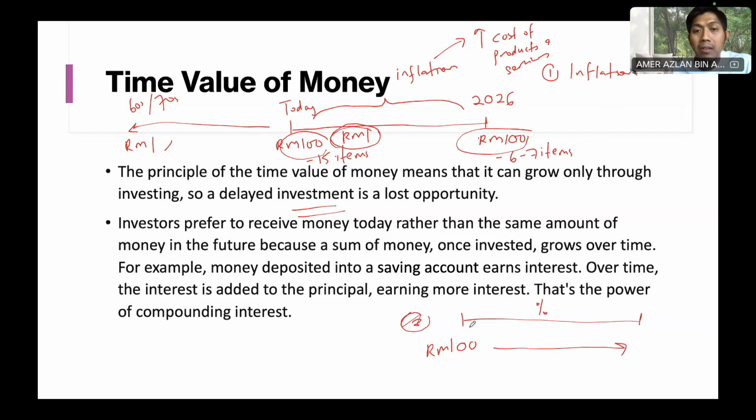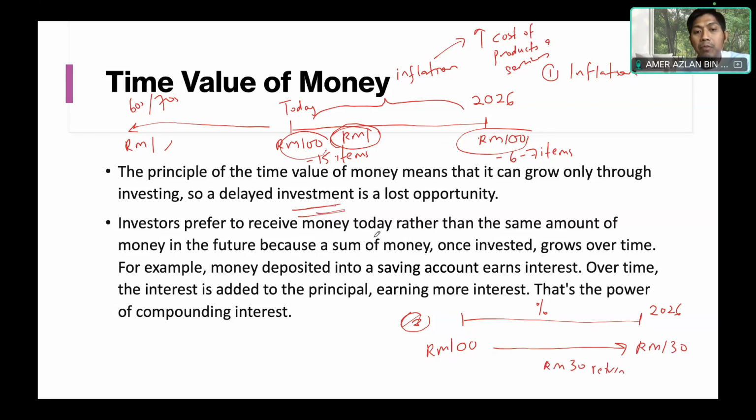Let's say you put 100 today in a fixed deposit or whatever instruments are available out there. Years later, maybe somewhere in 2026, the value of your investment might increase to 130, for example. So you would enjoy a return of 30 ringgit. So it's because of the investment factor.